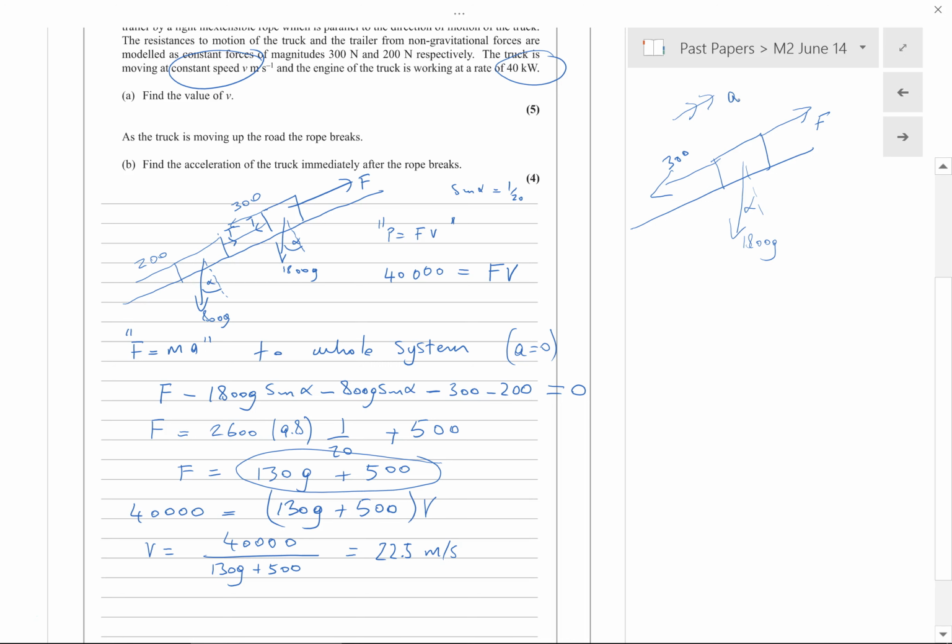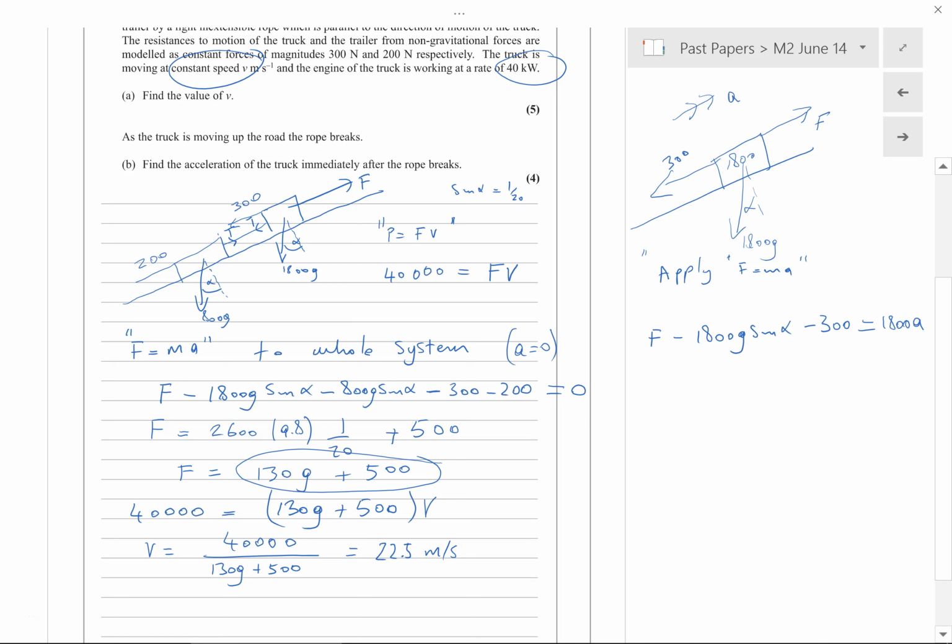So we can apply F equals ma up the slope. We have the driving force from before, let's just write F for now, minus the component of the weight, 1800 g sine alpha, take away the 300, is equal to 1800a, because the mass of the truck is 1800.